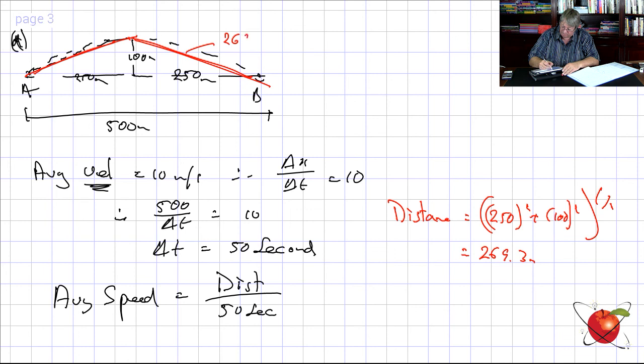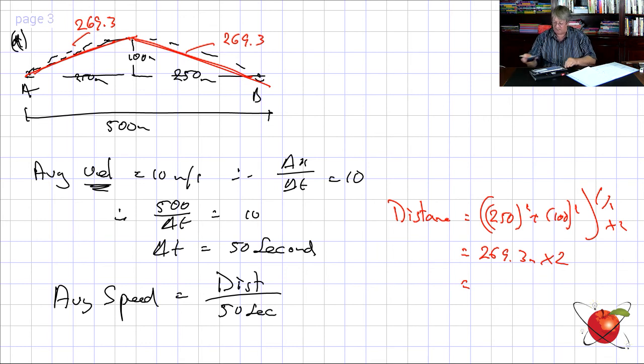Can you see? Therefore, it's going to be times 2, isn't it? That's the distance I traveled. And the total comes to be, I didn't work that out, but let's see. 269.3 times 2 is equal to 538.6 meters.